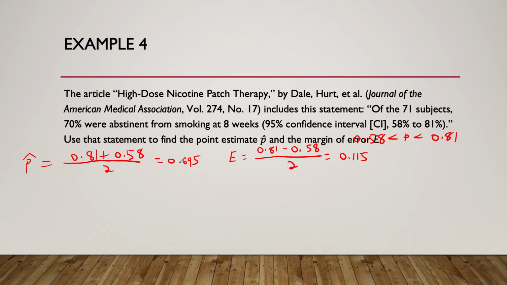Use the statement to find the point estimate p-hat and the margin of error, E, where the confidence interval is 0.58 is less than p, which is less than 0.81. We add those two, 0.81 plus 0.58 divided by 2, to get 0.695 for p-hat. And the margin of error will be 0.81 minus 0.58 divided by 2. That's 0.115.